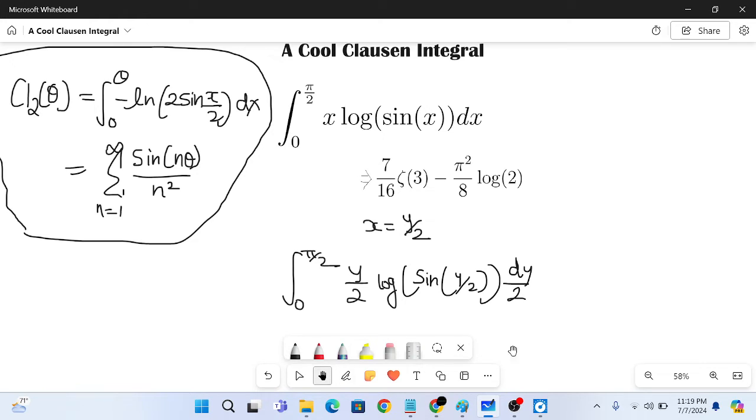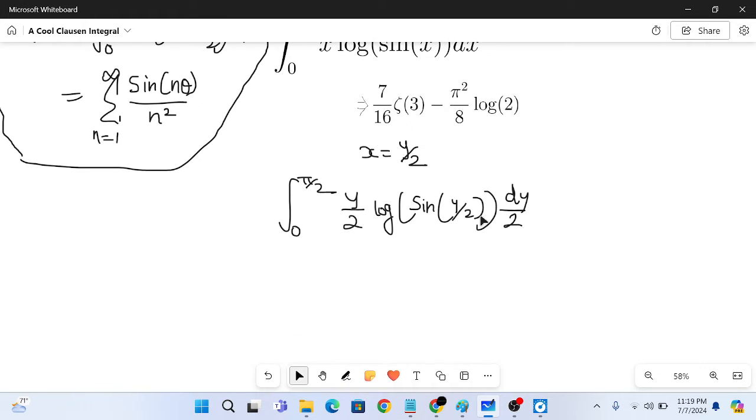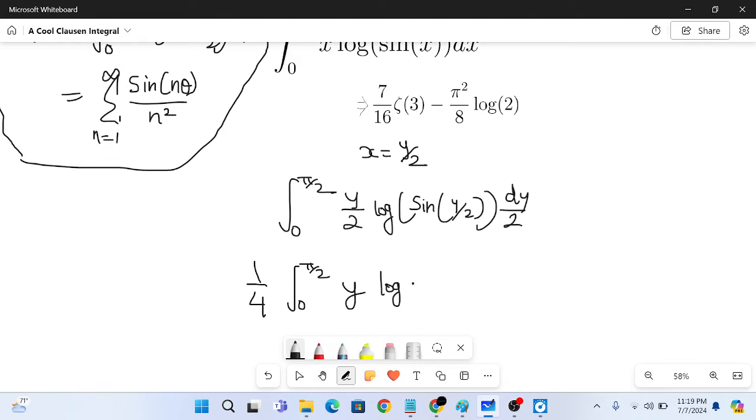Good. Now we get 1 by 4 in front, and then the integral from 0 to pi by 2 of y log sine y by 2 dy.